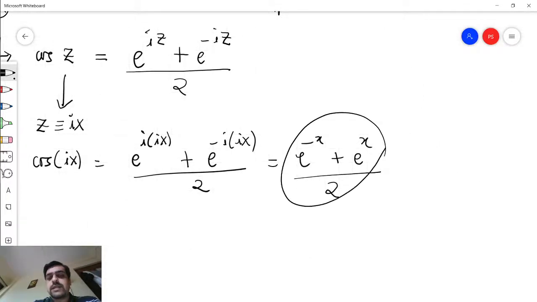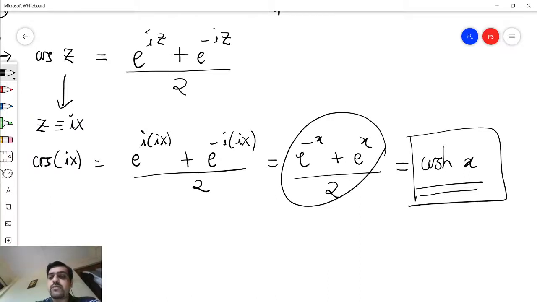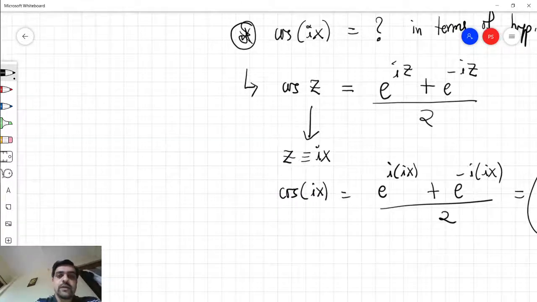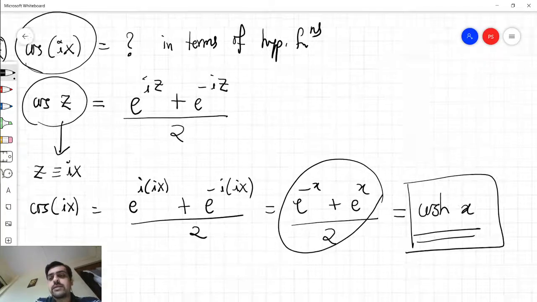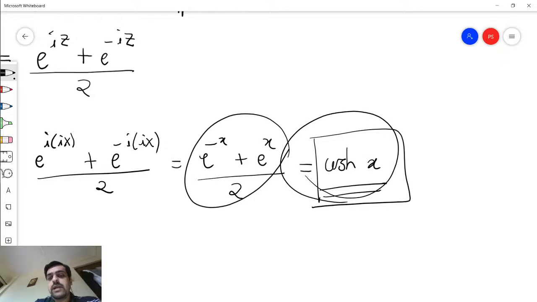Now this is clearly the cos hyperbolic function of x. Good. So we are able to express a trigonometric function cos ix in terms of a hyperbolic function cos x.